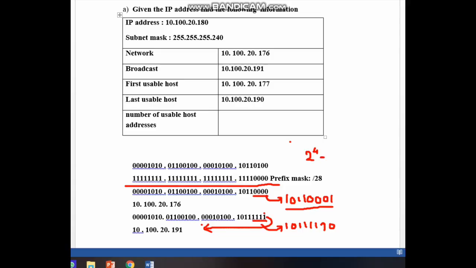So that's 16 combinations. But when the host bits are all 0, that's just going to give you the network address. And when the host bits are all 1s, it's just going to give you the broadcast address. So 2 of these addresses we cannot use. So the number of usable hosts will be 16 minus 2, which is just 14.